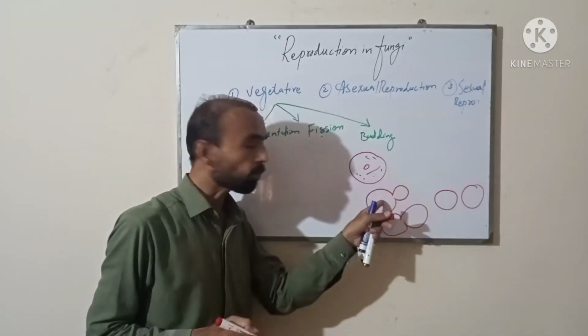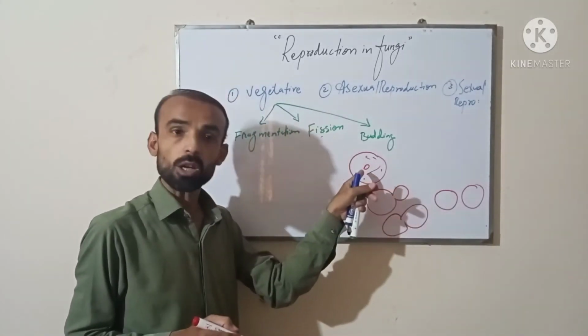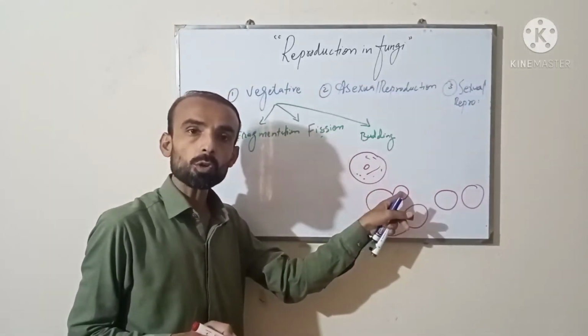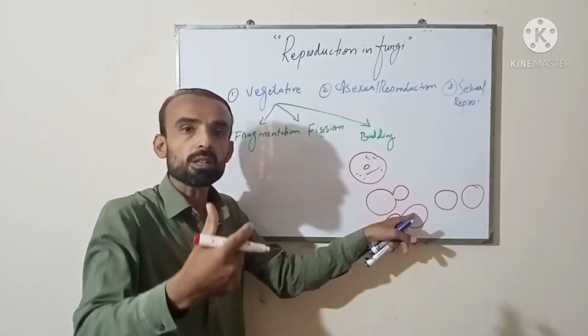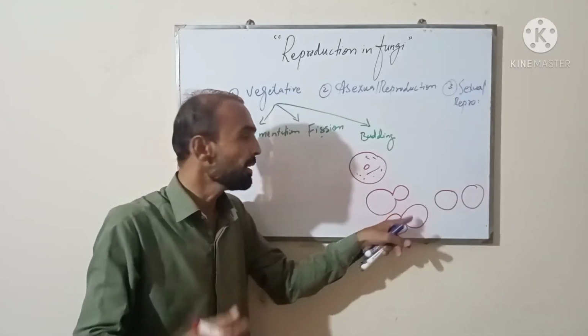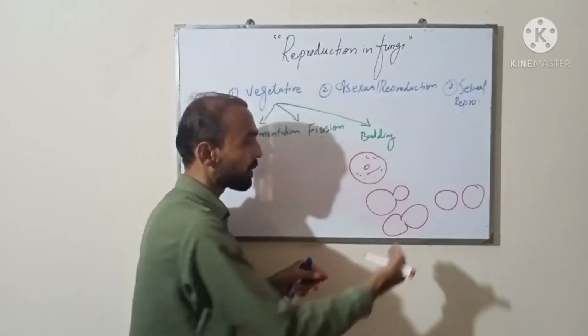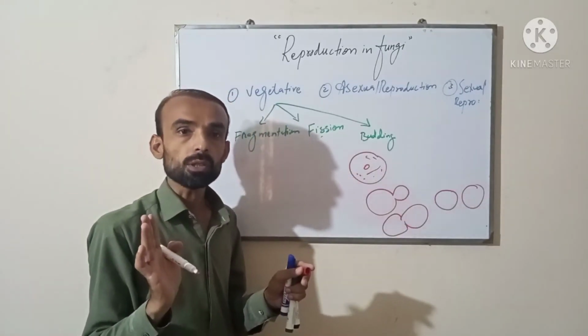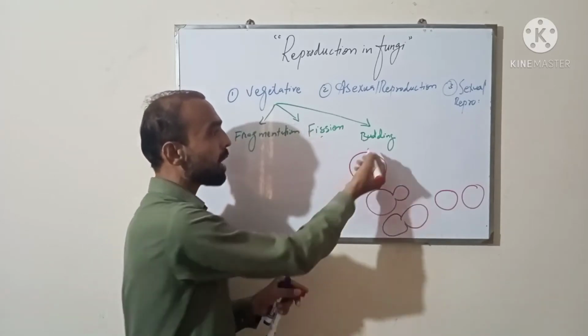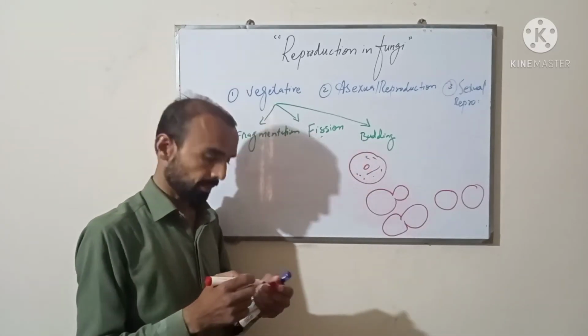A small tiny outgrowth comes out from the body of the fungus and starts to develop in size. Then when it has completely developed, it is detached from the parent cell and becomes two fungi. Therefore, this type of reproduction is known as budding.